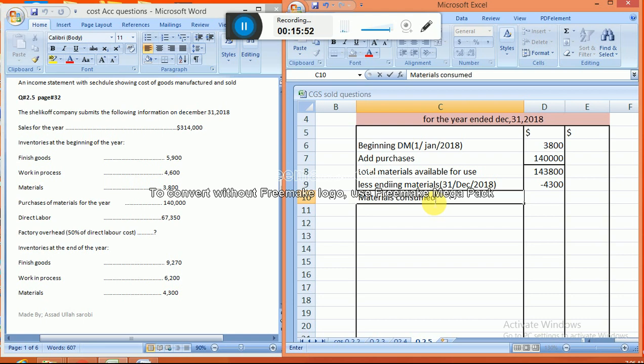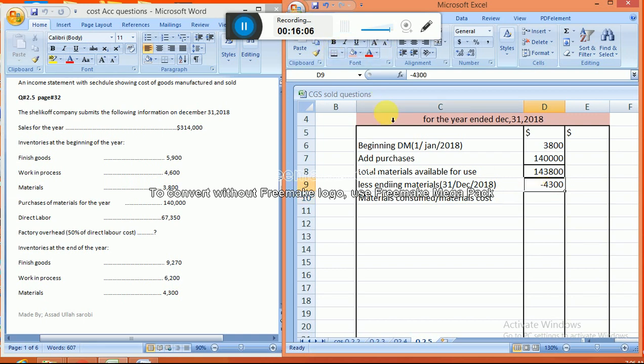It means how much material was used. Yeah, material cost. How much is the material cost during this 2018? It means how many dollars of material we used in 2018.